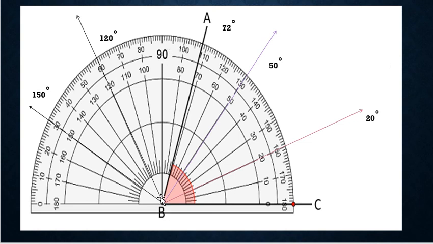This 120 degrees is more than 90 degrees and less than 180, so it is an obtuse angle. Now this 150 degrees is also an obtuse angle. If it extends more than 180 degrees and less than 360 degrees, it is a reflex angle, right?